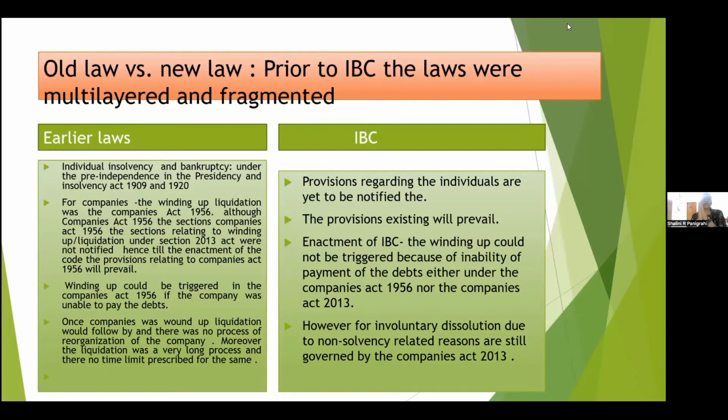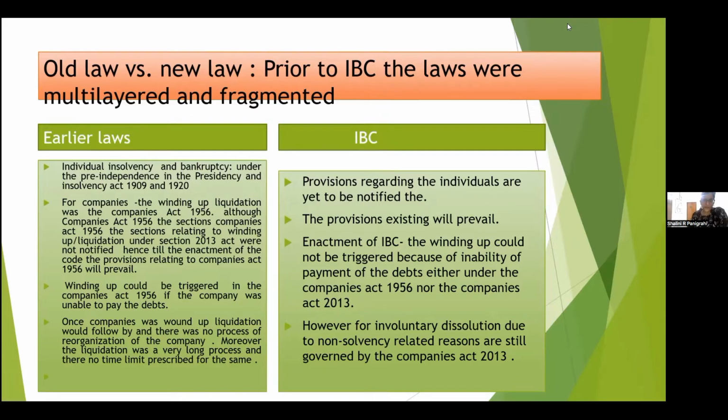So what was the earlier law and what is the new law? A bit of comparison I have made. Earlier laws were dealing with individual insolvency and bankruptcy under the pre-independence period. That was not covering corporate insolvency. For corporate functions, the Companies Act 1956 had the provisions like winding up and liquidation.